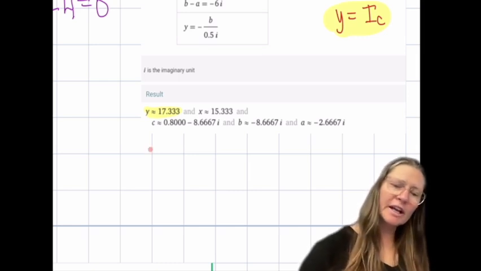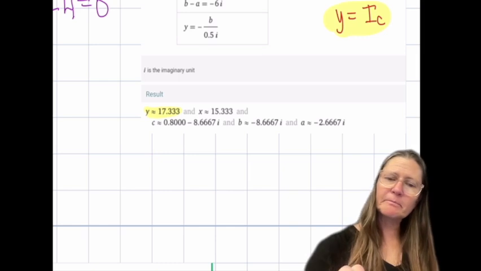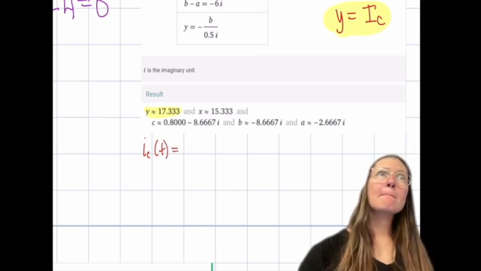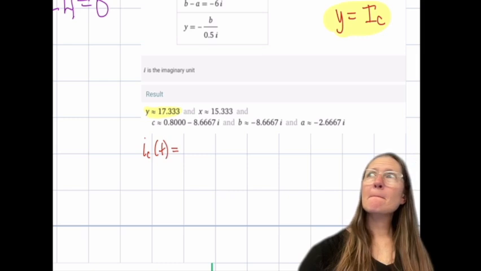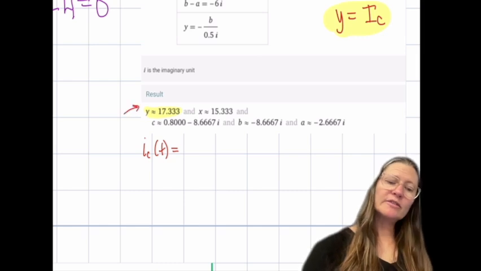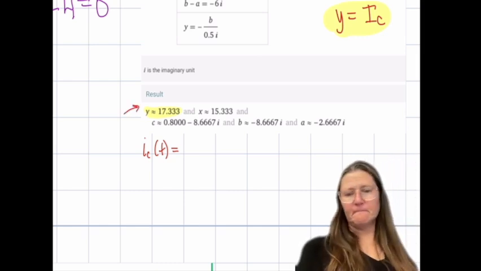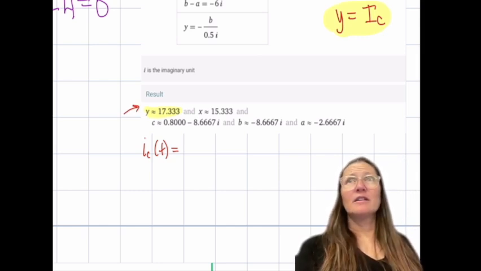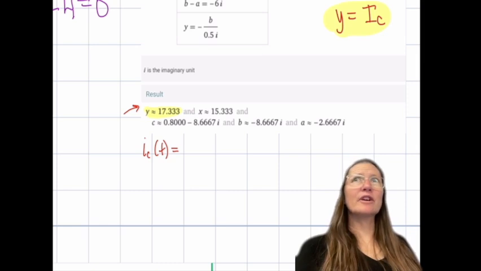What if I want to write IC of t? What will that be? So this is in the frequency domain. So I need to take the inverse phasor of this.